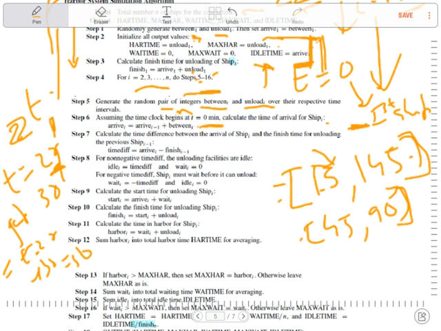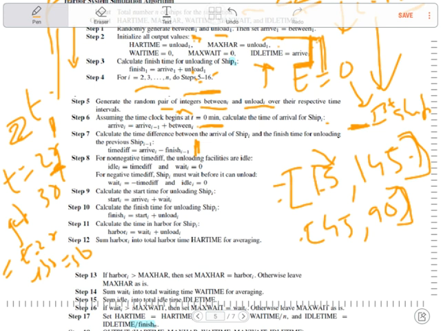Now calculate the time difference between the arrival of ship I and the finish time for unloading the previous ship I minus 1. That is, when ship I arrives and when the previous ship has finished unloading. Why are we measuring it? Because this will indicate many things. First, whether the ship that has come has to wait for some time, or directly starts unloading when it comes.